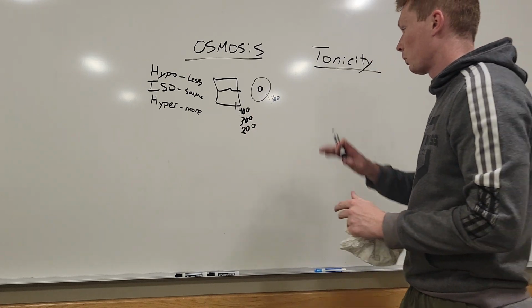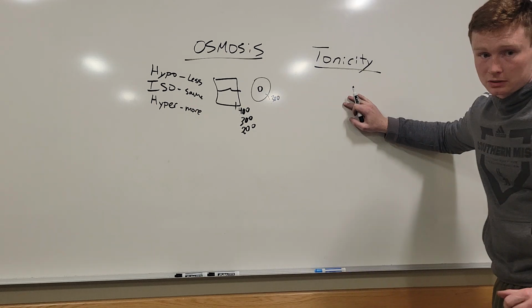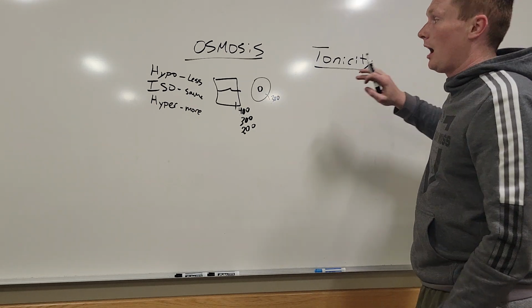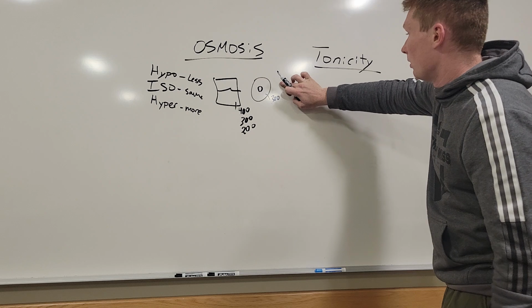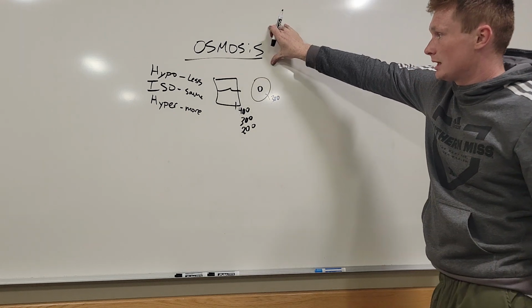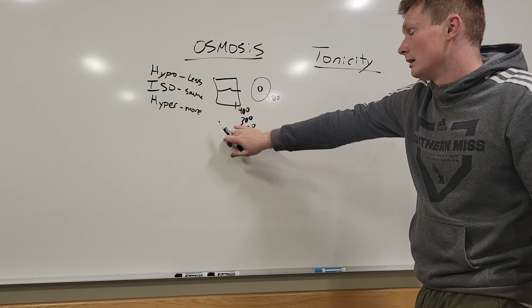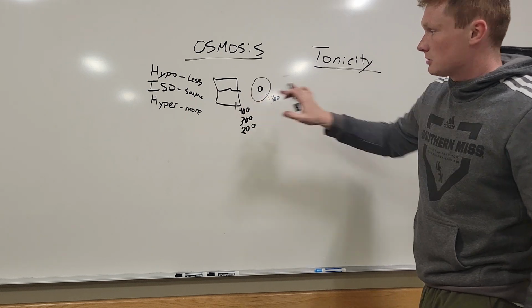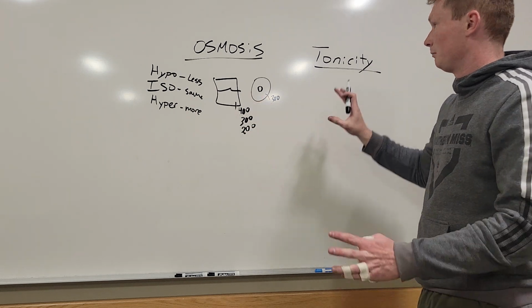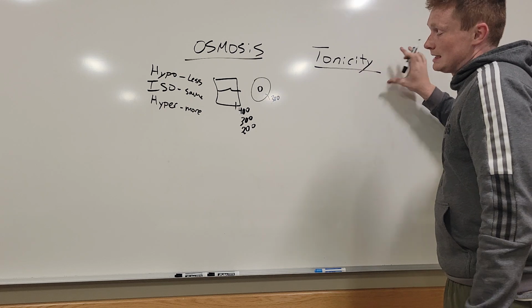So that's how that works. Tonicity is different. Tonicity is talking about how this affects the cell. So you can have something that's isoosmotic, like these concentrations are the same, but your tonicity is going to be different.